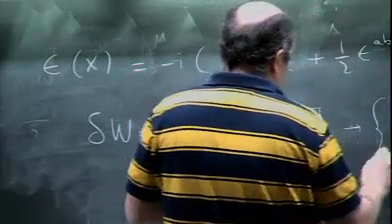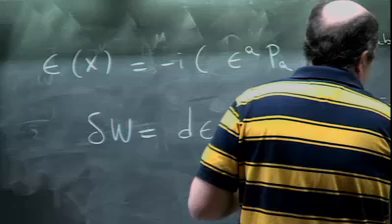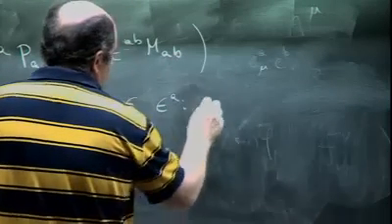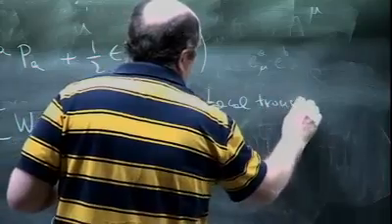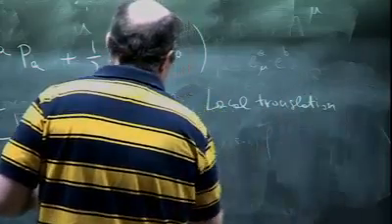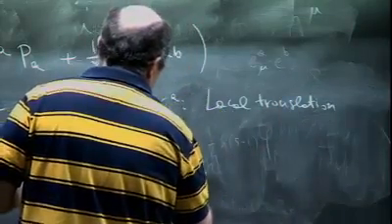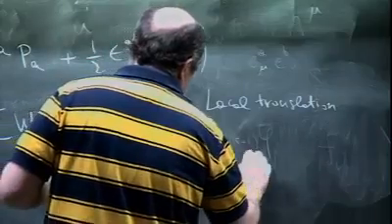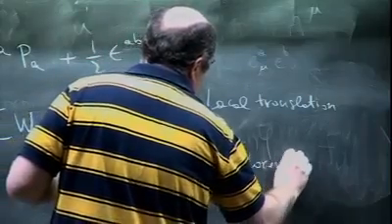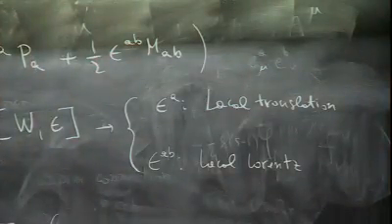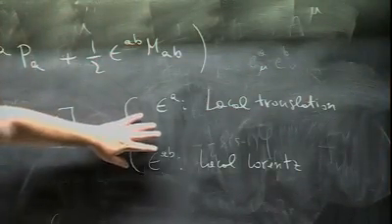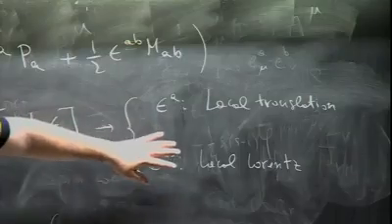You just write this, follow your nose, and you split it in P and M. Then epsilon A gives some kind of local translation, and epsilon AB is what you expect for the local Lorentz. Once at the end of the day you re-express everything in terms of the metric, what this gauge transformation gives is just the diffeomorphism in terms of the metric.